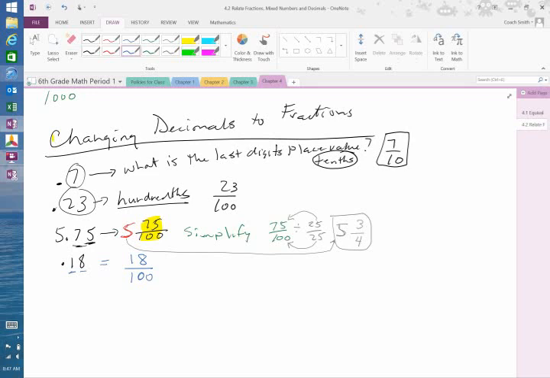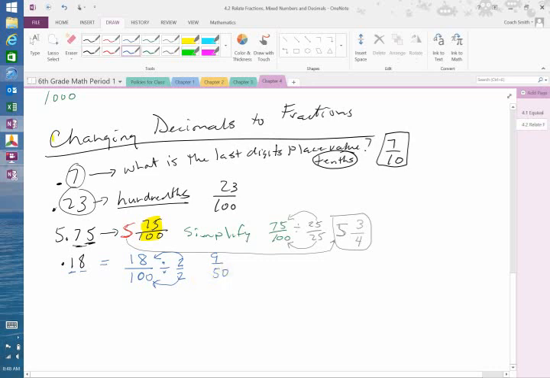Now, can I reduce that? Is there a common factor between 18 and 100? 2. So I can reduce it by 2 over 2. 2 goes into 18 how many times? 9 times. 2 goes into 100 how many times? 50.